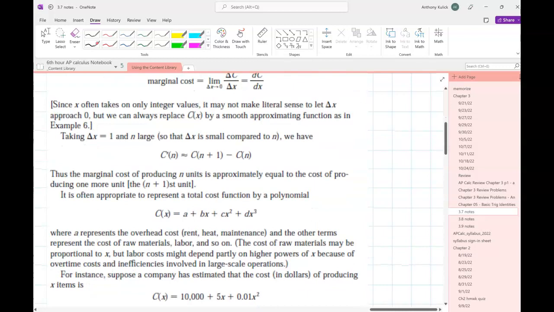If we take delta X to equal 1 and n large enough so that delta X is small in comparison to n, we get that the derivative of the cost function evaluated at n is approximately C of n plus 1 minus C of n. Where are they getting this from?